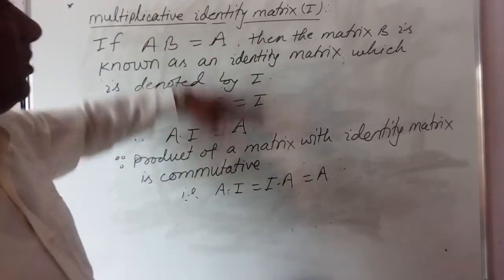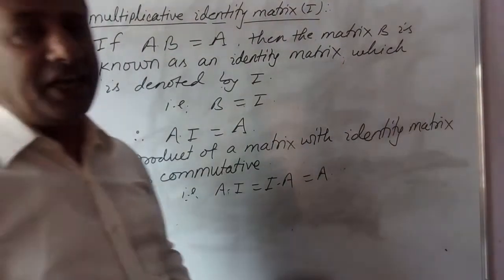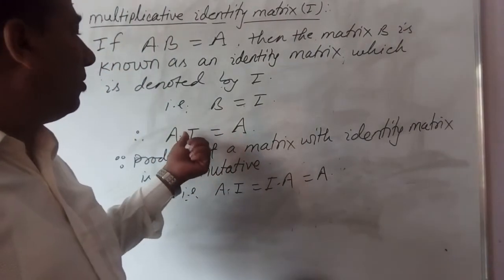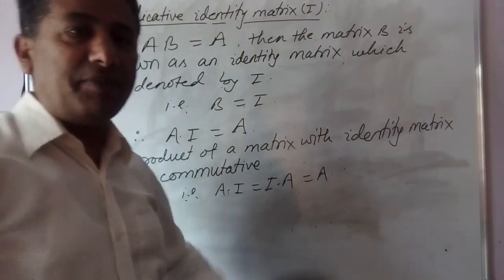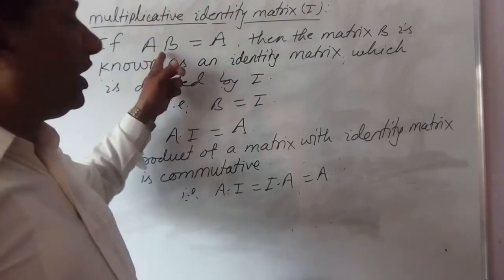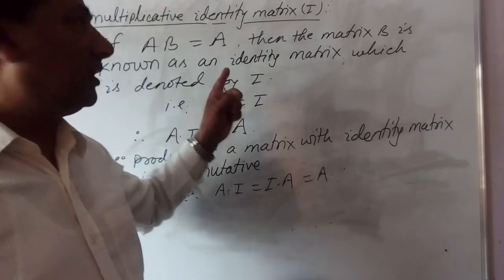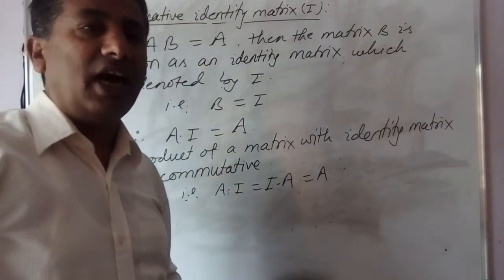Now listen again from here. What is an identity? Actually, the identity matrix doesn't bring any change when we multiply. We can define it this way also: a matrix which doesn't bring any change after multiplication is known as the identity matrix.